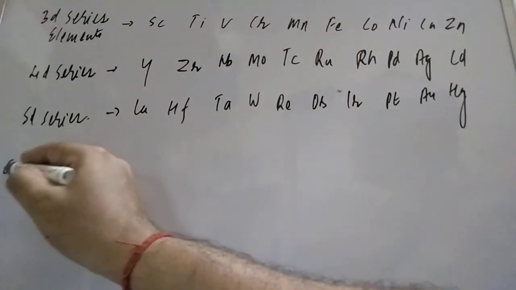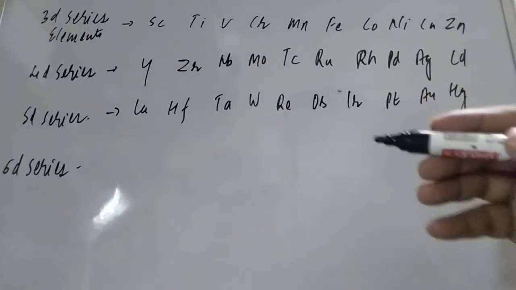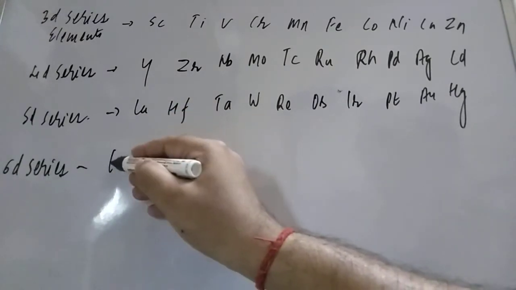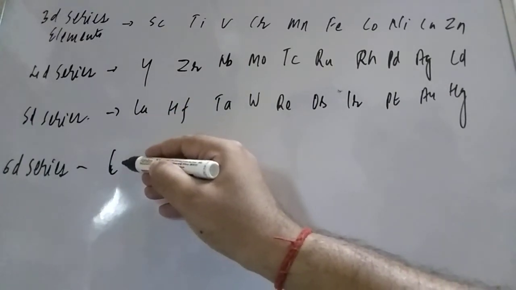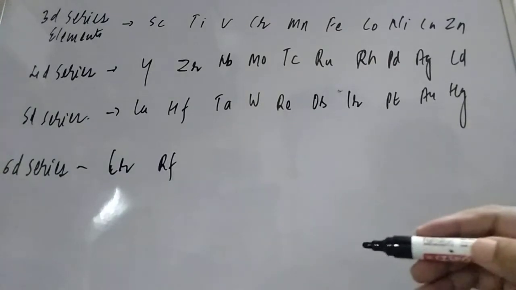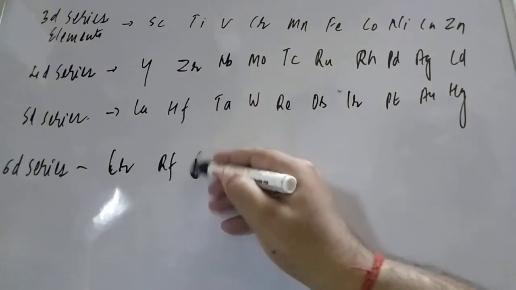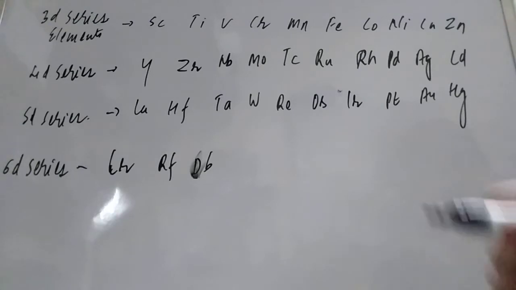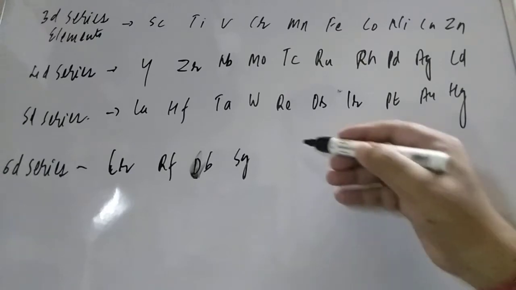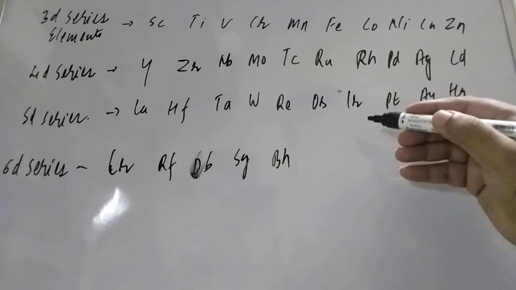The last one is the 6D series. What do you mean by the 6D series? They are the incomplete series, not yet filled. First is lawrencium, Lr, then Rf, that is rutherfordium, and Db, dubnium, and Sg, that is seaborgium, and Bh, bohrium, and Hs, hassium.